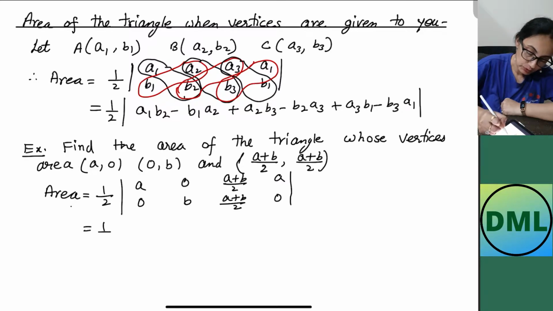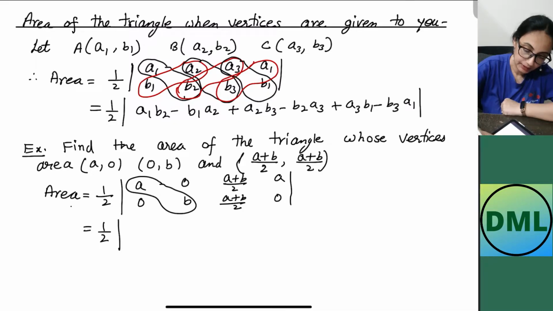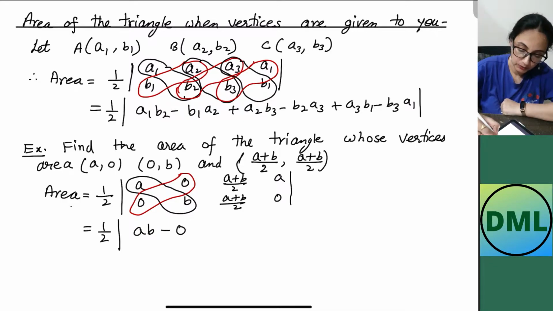That is equal to half. I need to multiply a and b and then subtract this. So it will be ab minus 0 times 0, which is 0. Now I have to multiply 0 times (a+b)/2 and then subtract b times (a+b)/2.